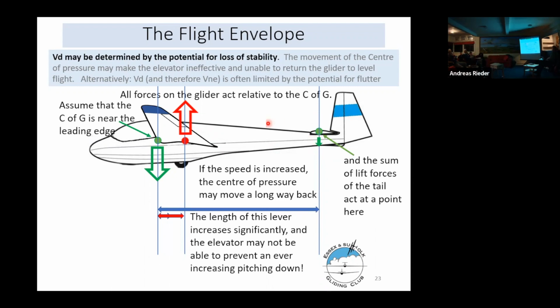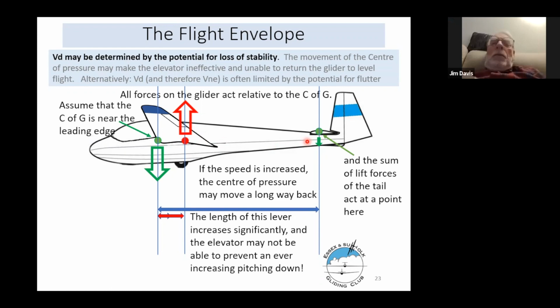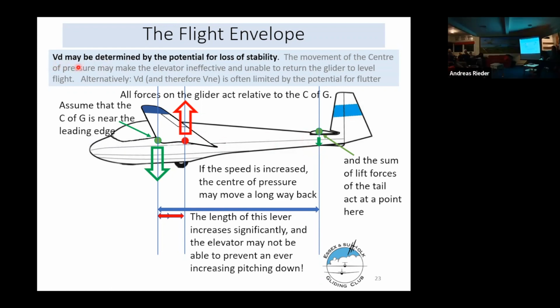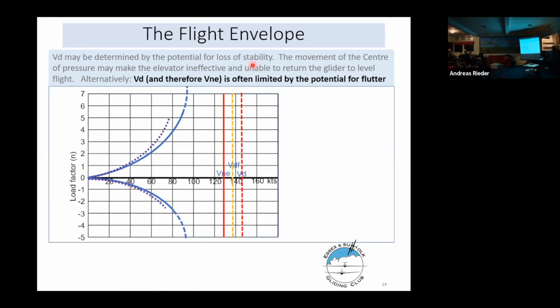So if you fly faster and faster, the centre of pressure can move back to such a point that the tail is no longer able to stop the glider from pitching further down. In other words, you cannot stop the thing diving into the ground. So that is the potential loss of stability if you exceed VNE, VD. So back to the diagram.